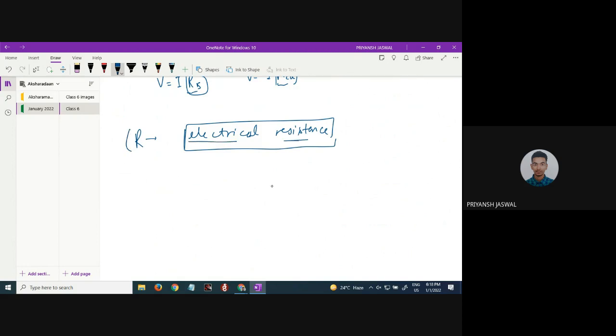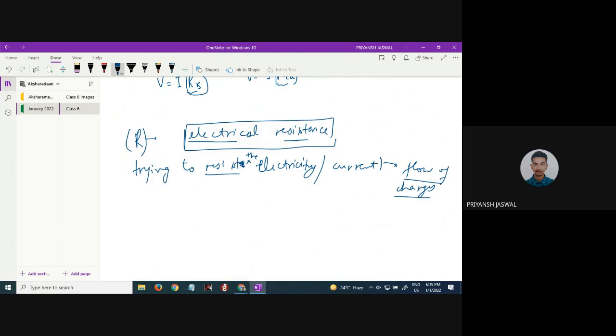That is the meaning of electrical resistance: trying to resist electricity, or in other words, trying to resist the current. And current means flow of charges. So electrical resistance tries to resist the flow of charges.